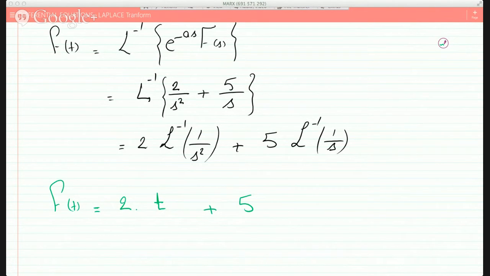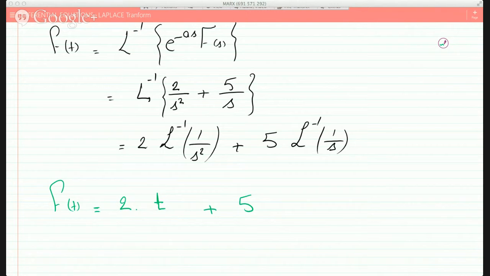Okay? So now we can finalize and say that the inverse Laplace of e to the minus 4s, with s written as a triangle, times f of s, okay, is equal to what?